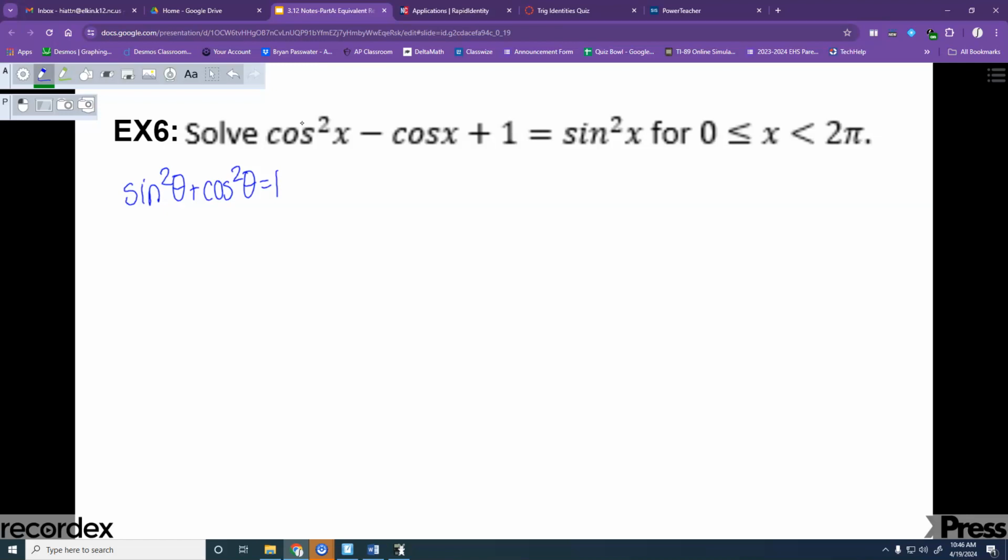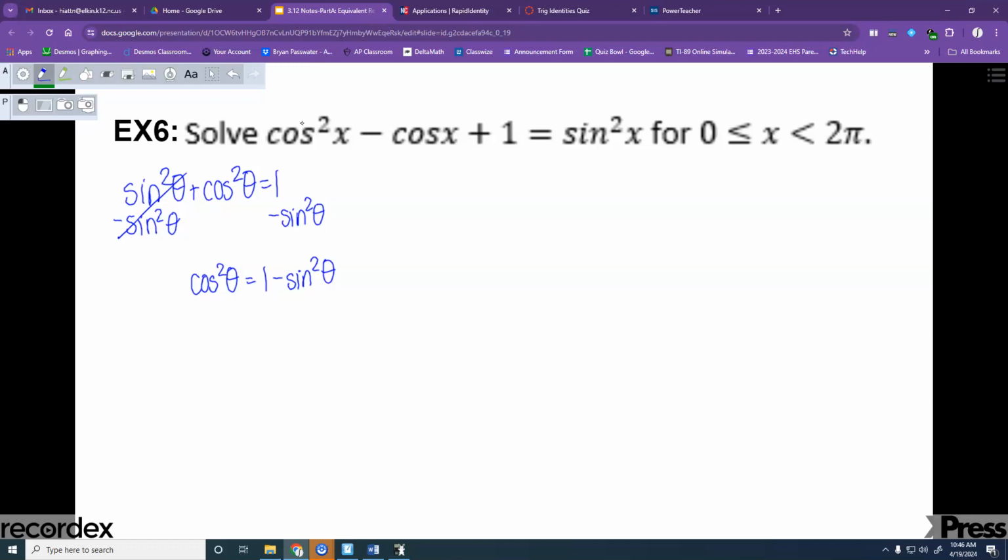If I take sine squared theta and subtract it from both sides like this, I can say cosine squared theta equals 1 minus sine squared theta. Would that still be a true statement?